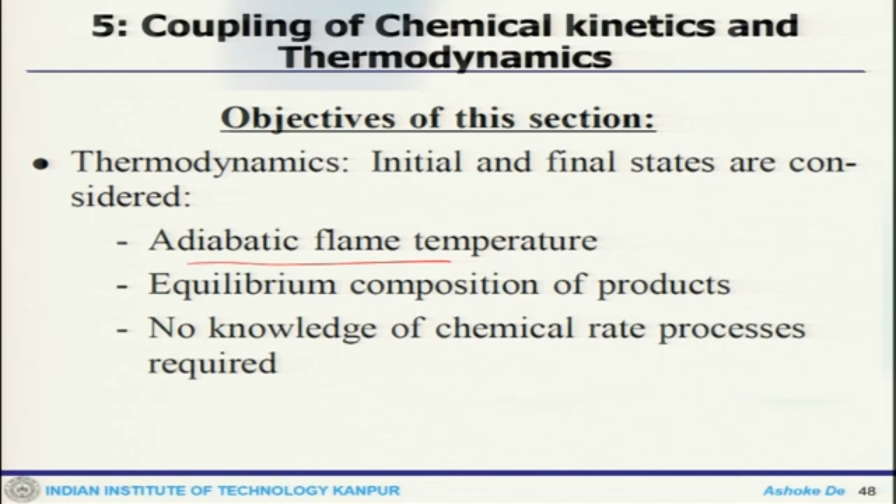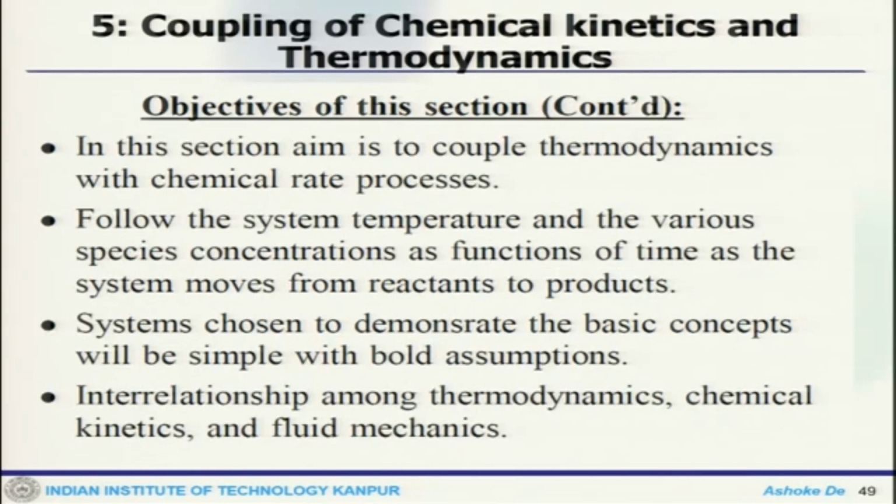Then we have the equilibrium composition of the products, which is also an important thing, and finally the knowledge of chemical rate processes, which is required. The whole idea is how we couple thermodynamics with the chemical rate process, because we have looked at the kinetics and the basics of thermodynamics. Now, we want to couple that up.